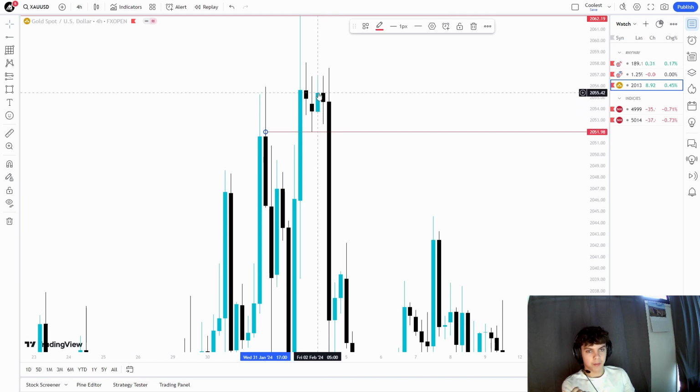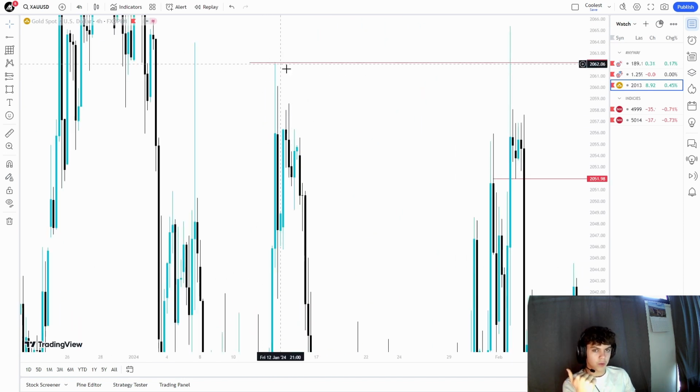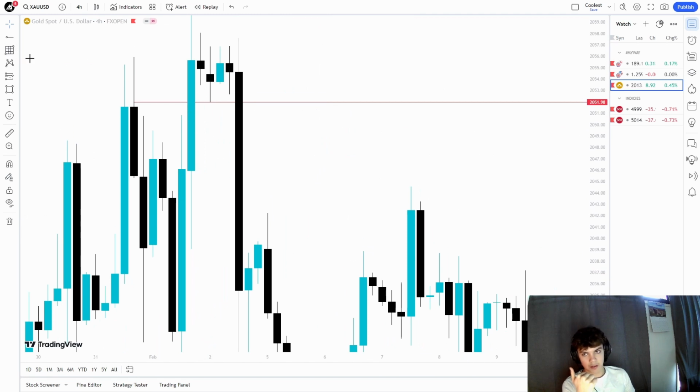A down candle followed by an up candle, a low. We're in an uptrend, we sweep liquidity, and break structure to the downside. You should know that because you have watched my videos. If you haven't, then go watch the other videos. But let's say we swept liquidity and broke structure to the downside.